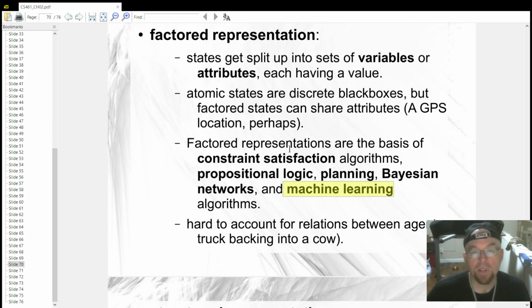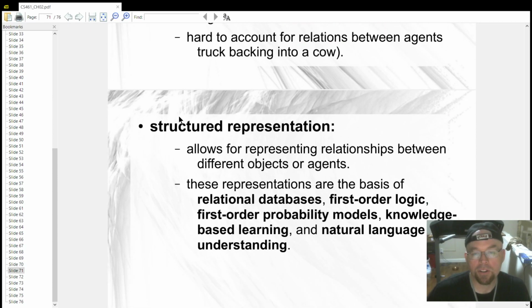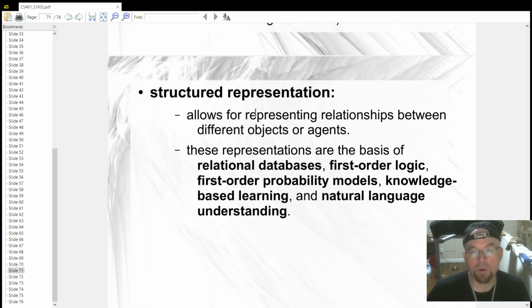And structured representation. This is the one that you use when you have to talk about relationships between different objects, between different agents. This type of representation is what you've got for relational databases, first order logic, which is, I guess you could say, a higher form of logic than propositional logic.